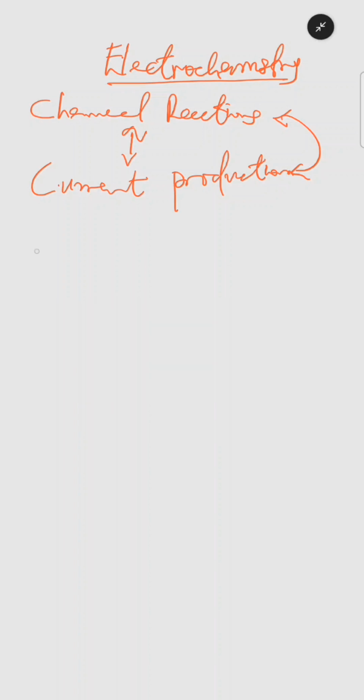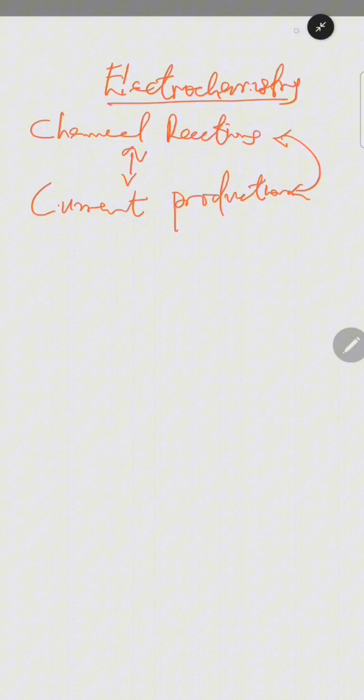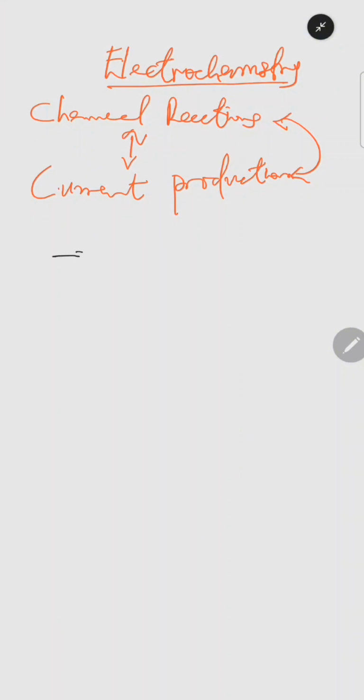So to start with, electrochemistry can be subdivided into two parts: the first part is electrolysis, and the second part is electrochemical.